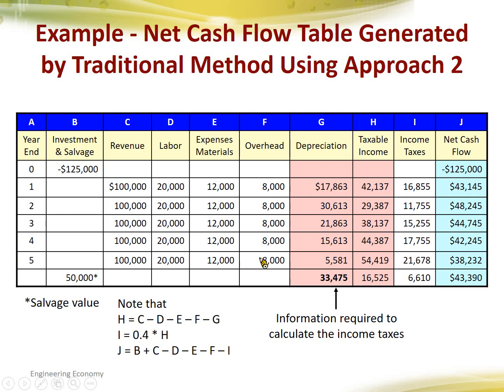Okay, so these values are okay, but this salvage value needs to be added to the end of the 5th year. So this is how we develop these cash flows.